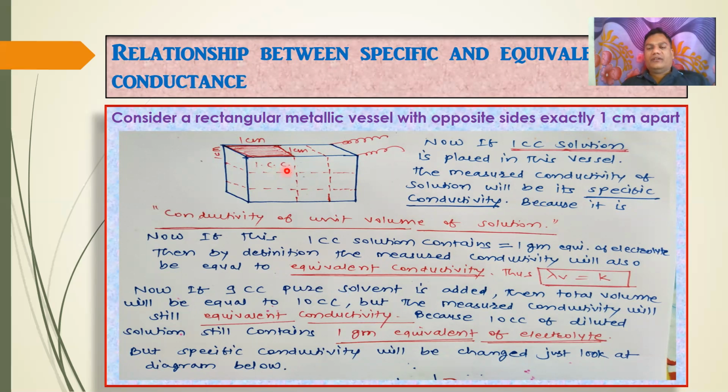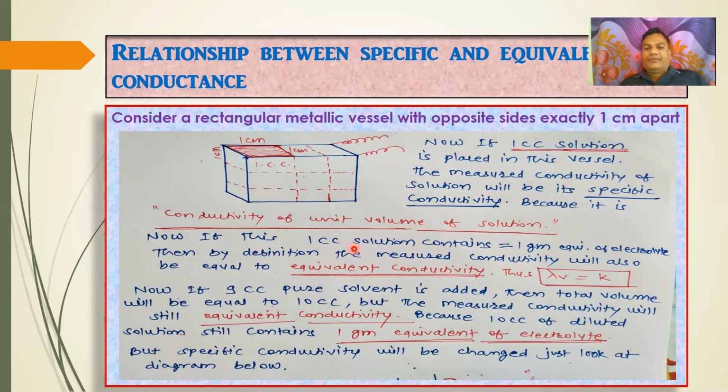In this way 1 cc, that is the cubic centimeter volume, is formed. Now if 1 cc solution is placed in this vessel, the measured conductivity will, no doubt, be the specific conductivity, because specific conductivity is nothing but the conductivity of 1 cc of the solution, the conductivity of unit volume of the solution.